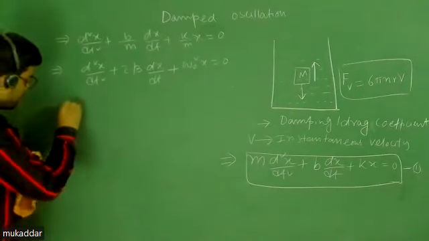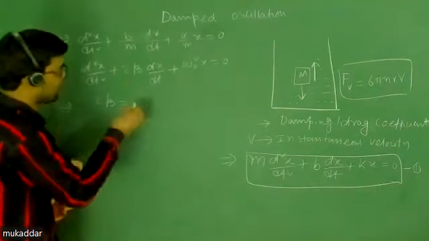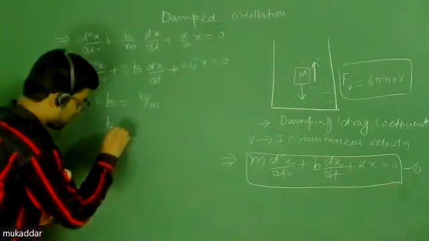Where I can say that 2 beta is nothing but b by m, where beta is called what?